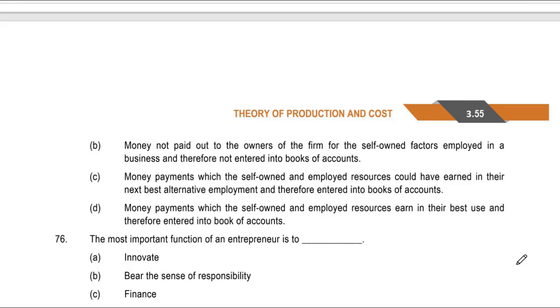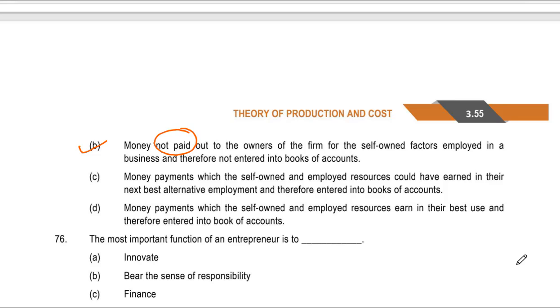C. Money payments which the self-owned and employed resources could have earned in their next best alternative employment. It is opportunity cost and therefore entered in the books of accounts. D. Money payments which the self-owned and employed resources earn in their best use and therefore entered into the books of accounts.